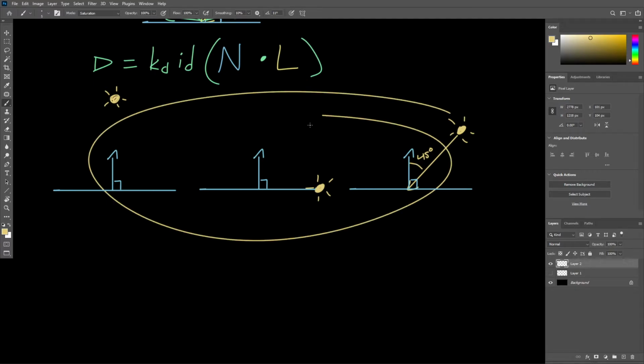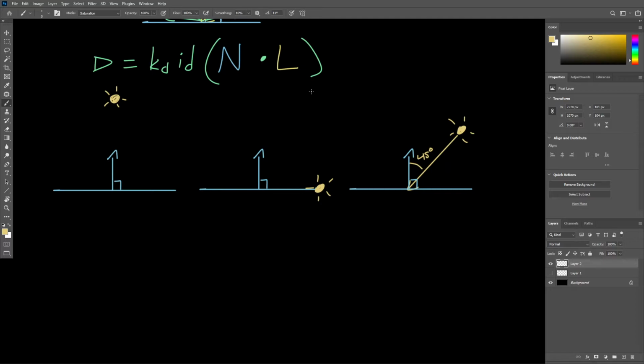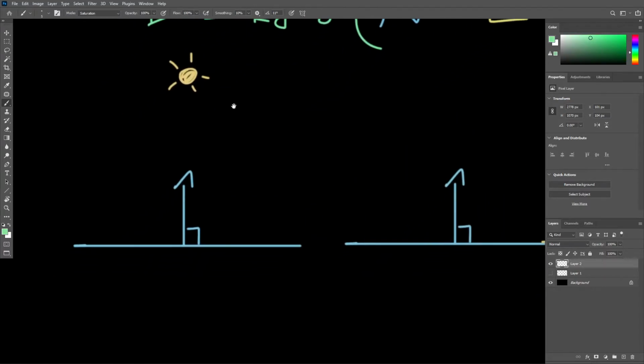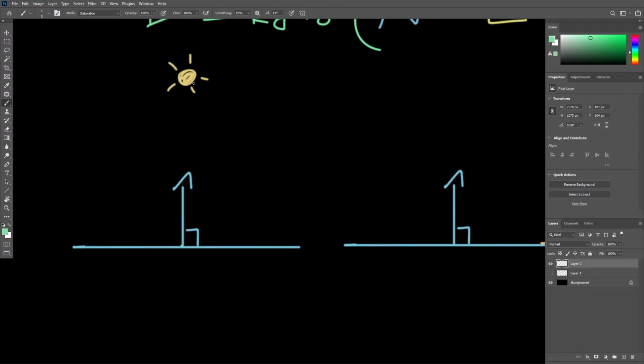So with these three scenarios in mind, let's start to think, how can we mathematically determine some useful information here about the position of the light source compared to the surface normal? Hopefully you see what I'm getting at here, right? Take a look at this part of the formula here: the normal vector and taking the dot product with the light vector. I'm going to draw in our light vectors just so it's clear what we're dealing with here.